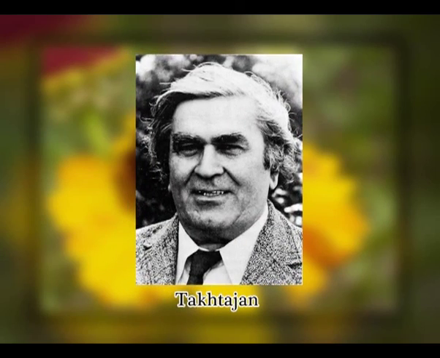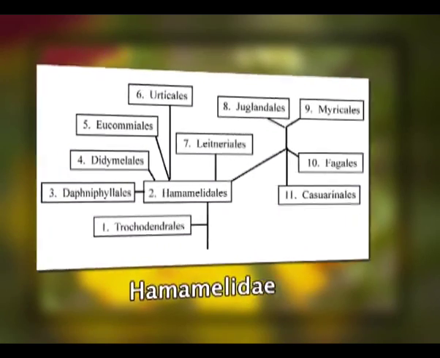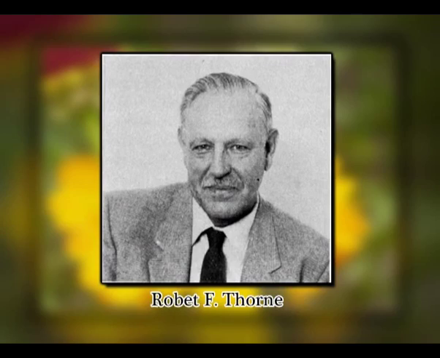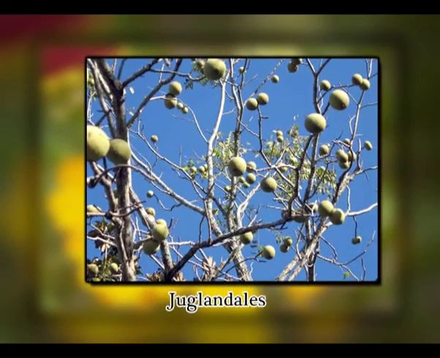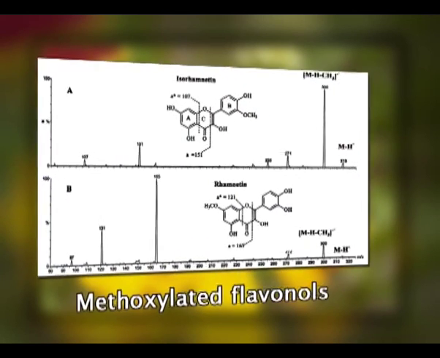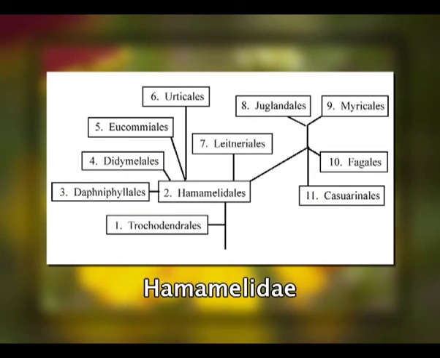Cronquist and Takhtajan placed the Juglandales in the Hamamelidae, but Thorne assigned Juglandaceae to the Rutales. But the presence of 5-methoxylated flavonols indicates relationships with the Hamamelidae.